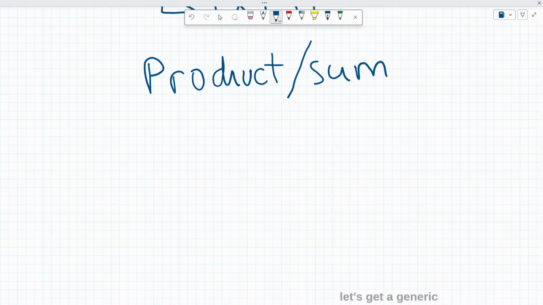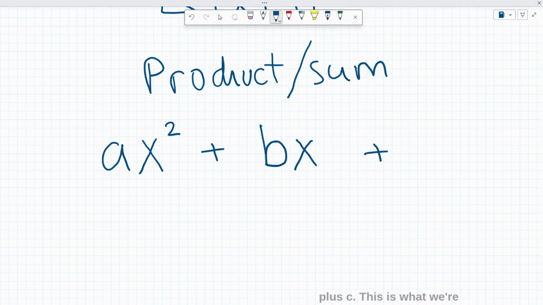So let's get a generic polynomial again, a quadratic here. So we have ax squared plus bx plus c. This is what we're going to be looking at a lot here. So let's figure out another way to factor this if it doesn't fall in the earlier two categories.